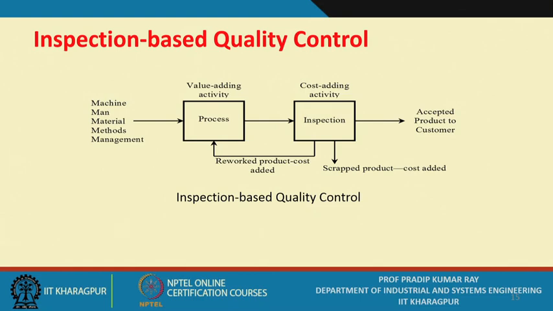That is the challenge you accept. If you want to act as a quality expert, the first objective should be that I will move from inspection to quality control. And while you move from inspection to quality control, the first thing you should look into is whether you can do away with the inspection, because inspection is a cost adding activity.